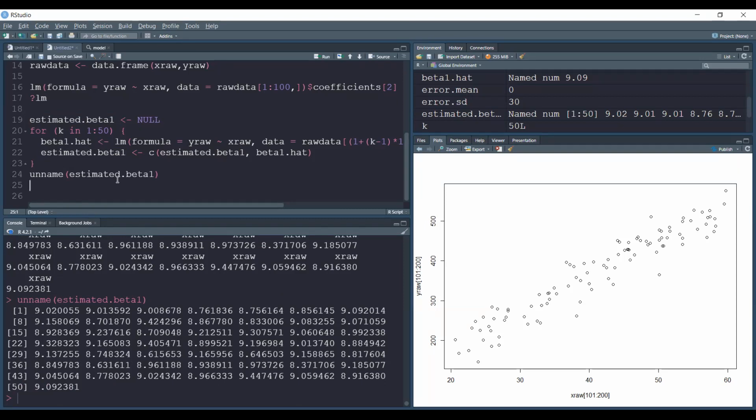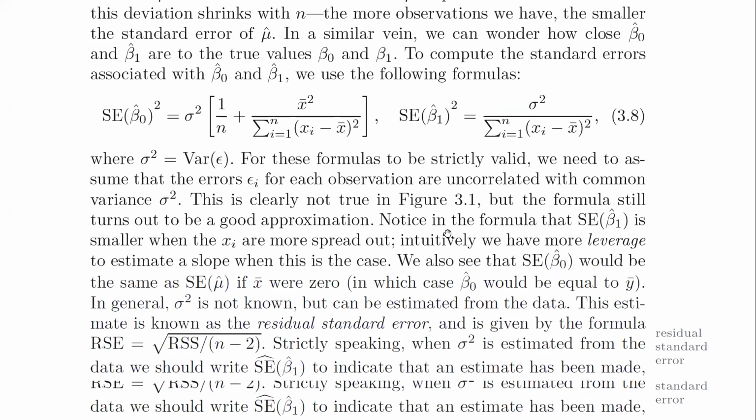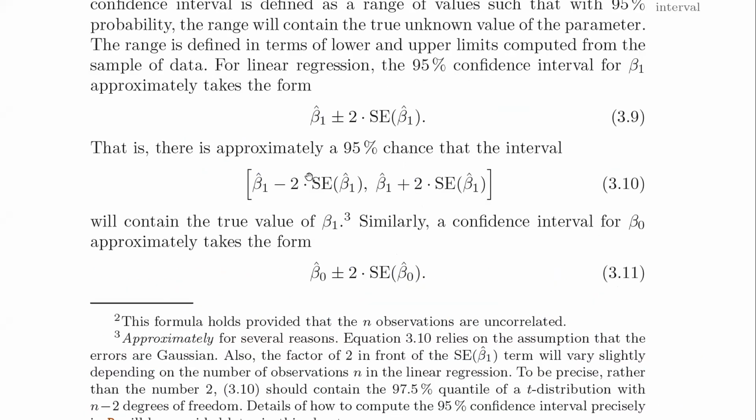Now you'll never have this in real life. In real life, you'll have one data set, you'll use it, and you'll create your beta 1 hat. What the confidence interval is telling you is, but what if you had multiple data sets? You wouldn't get the same beta 1 hat for each data set.